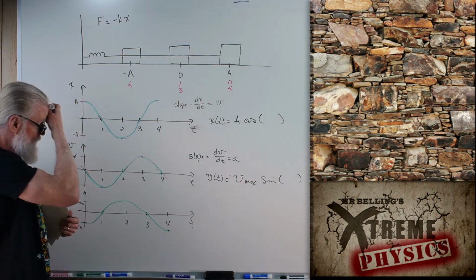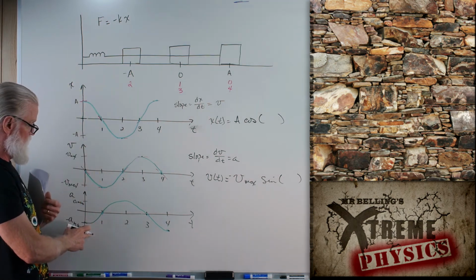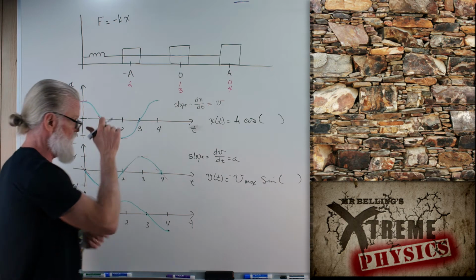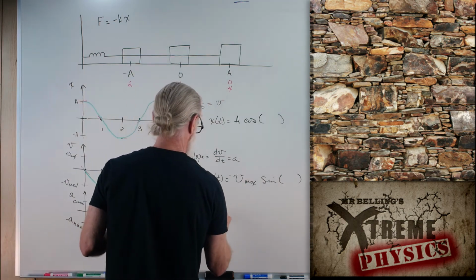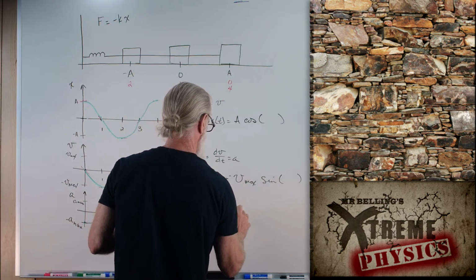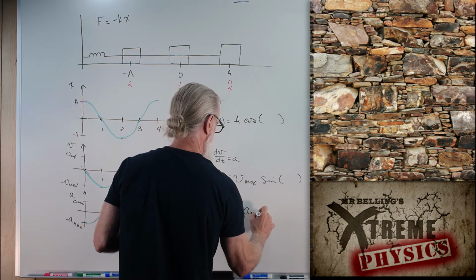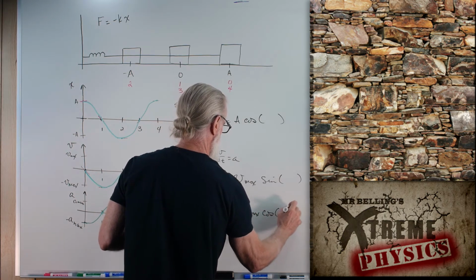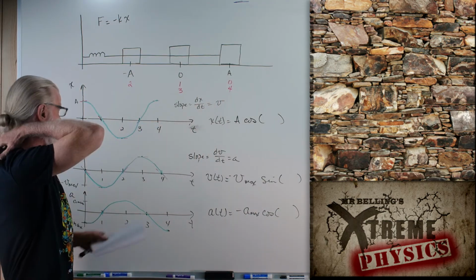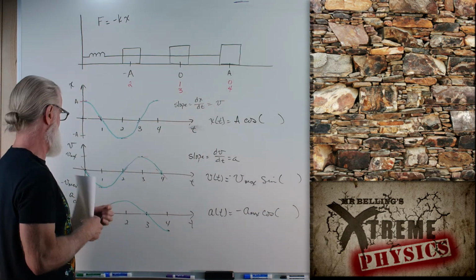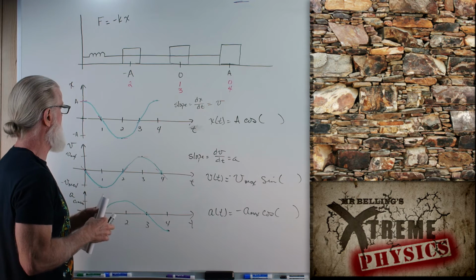And then finally, we've got this one, which looks like a negative cosine. So in this case, we would say the acceleration equals negative acceleration maximum times the cosine of some argument. That was just by looking at this and kind of plotting it out.